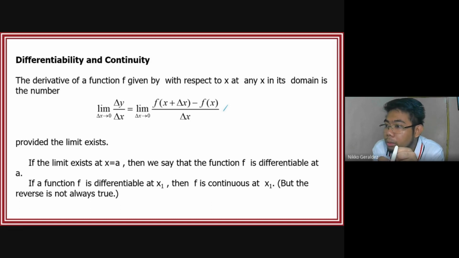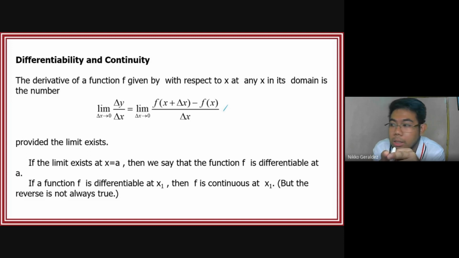Hindi yung slope of the curve in general, kasi yung slope ng curve, nag-iiba yun pag nagbabago ng point doon sa line. Kaya, pag sinabing derivative, that is the slope of the curve at a specific value of x, or the slope of the curve at the point of tangency.